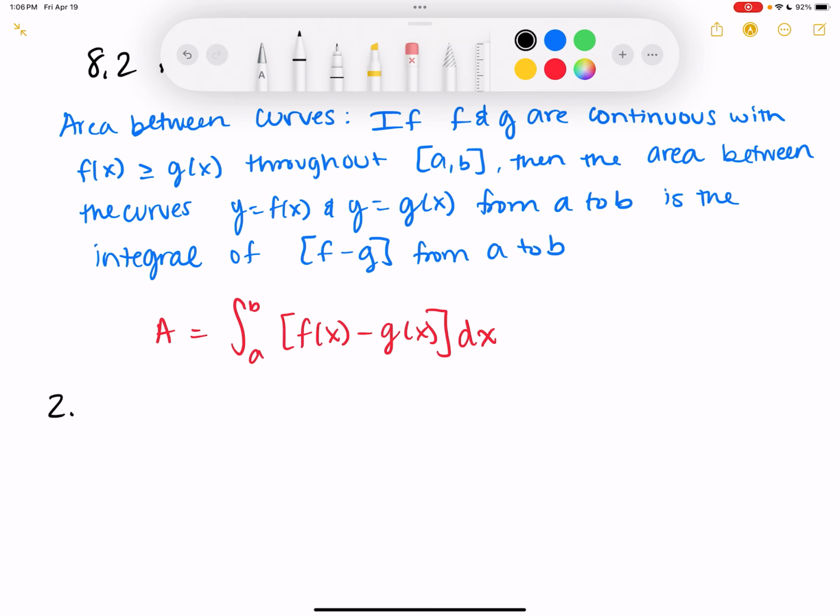So this is graph number 2 over here. We've got this top shape here is 1/2 secant squared of t. This bottom one is -4 sine squared of t. So the one on the top is going to be my f of x. The one on the bottom is going to be my g of x, because when I do it, it's going to be the top minus the bottom to get that area in between there.